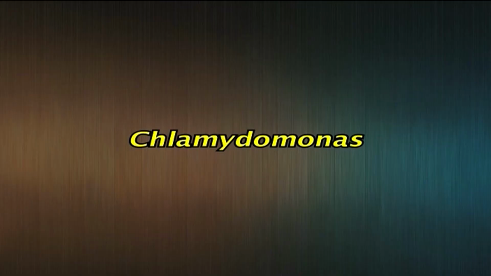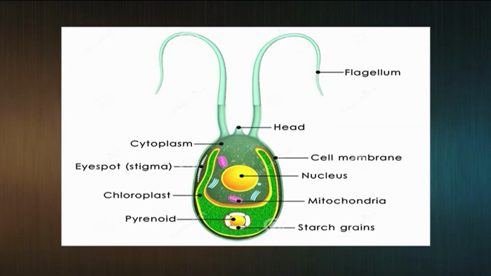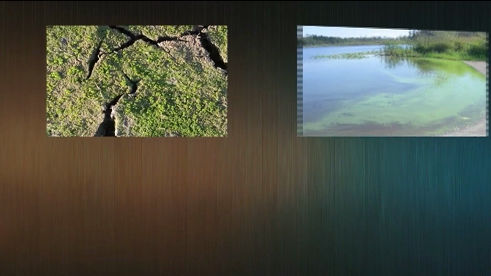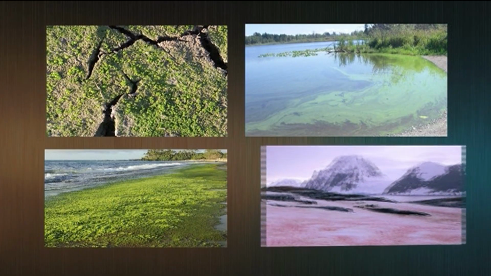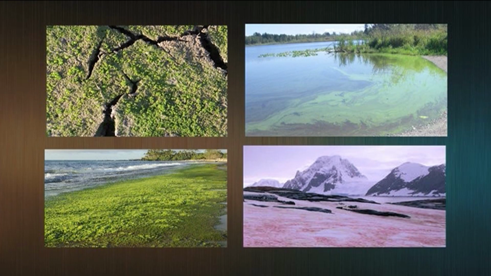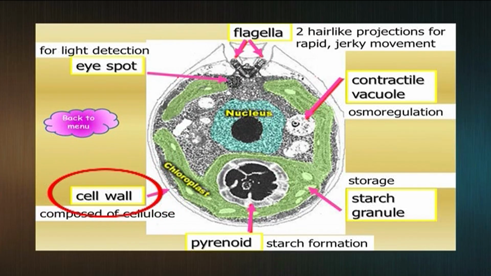Now, Chlamydomonas. Chlamydomonas is a genus of unicellular green algae that belongs to Chlorophyta. These algae are found all over the world in soil, fresh water, oceans and even on snow or mountain tops. Algae in this genus have a cell wall, a chloroplast, an eyespot that perceives light and two anterior flagella with which they can swim using a breaststroke type motion.